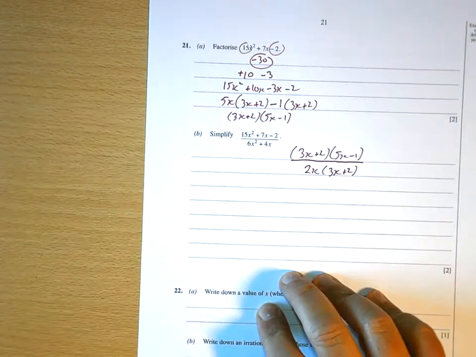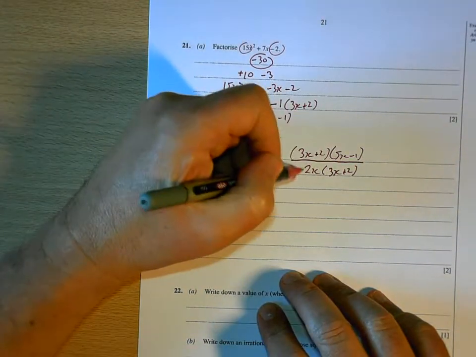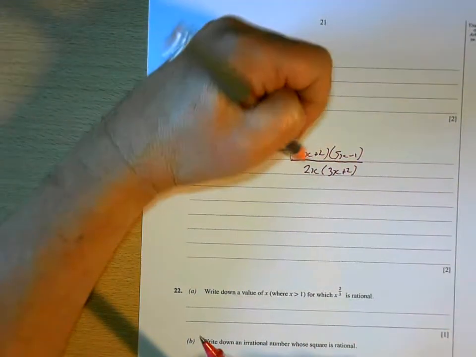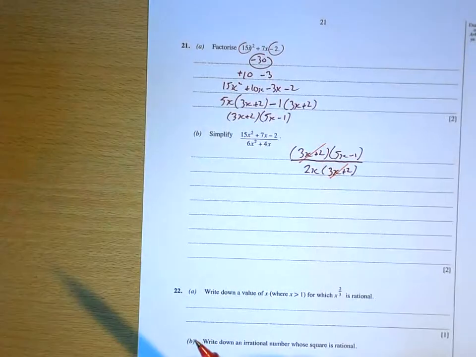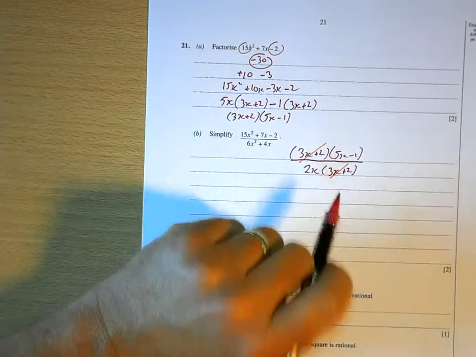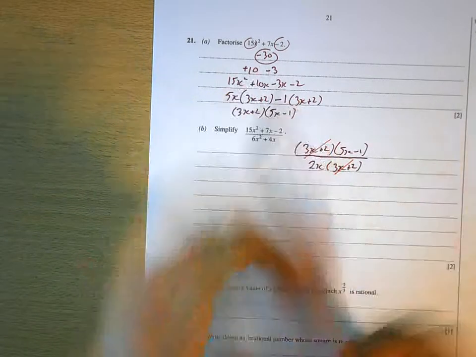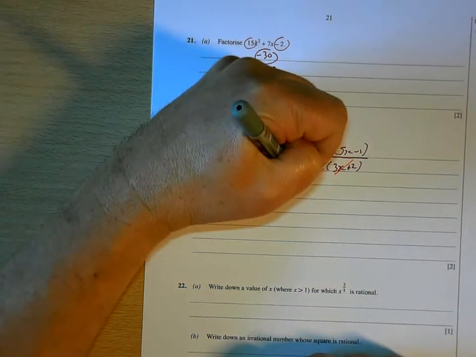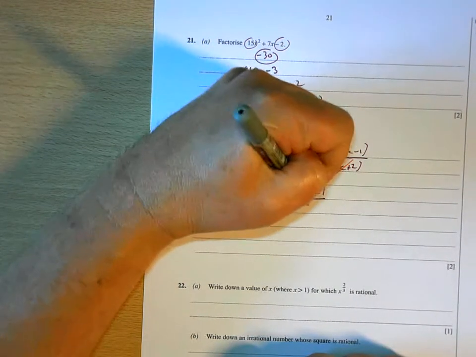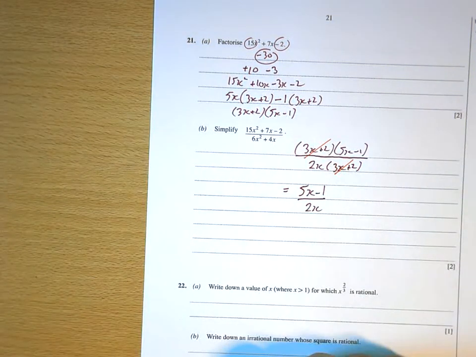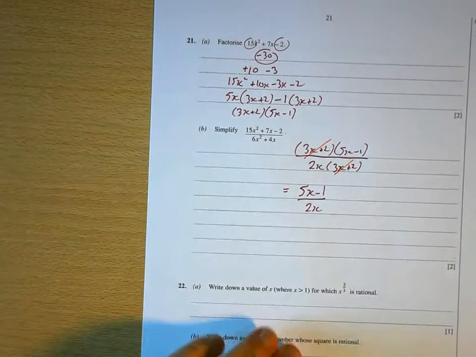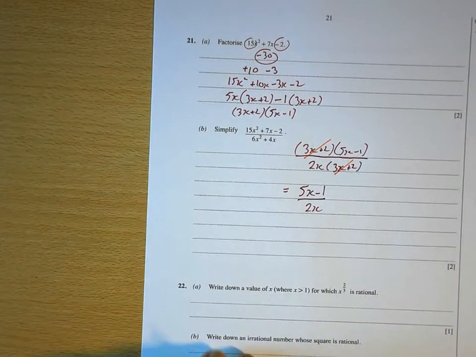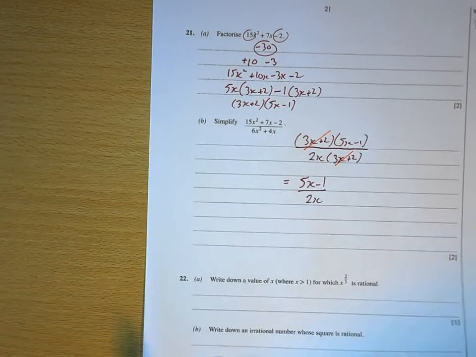And now, because they're all joined by multiplications, I can cancel those two. 3x plus 2 divided by 3x plus 2 is 1. Anything you divide by itself is 1. So that leaves me 5x take 1 over 2x. So that's a little extra step there with that question rather than solving a quadratic equation.